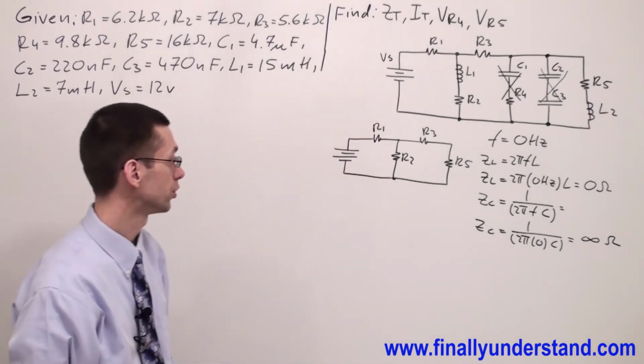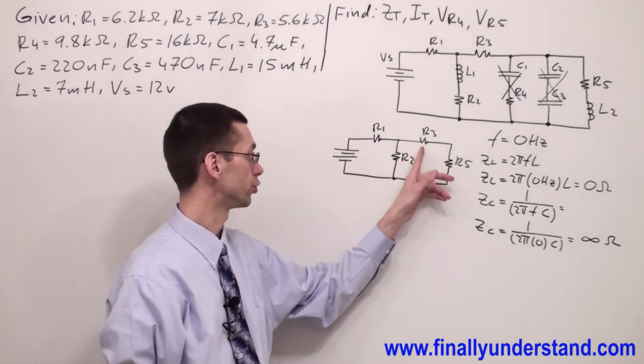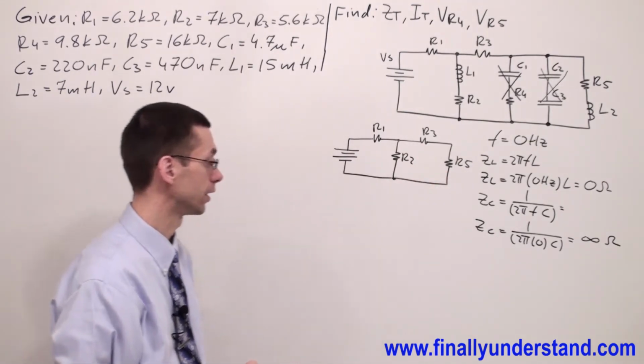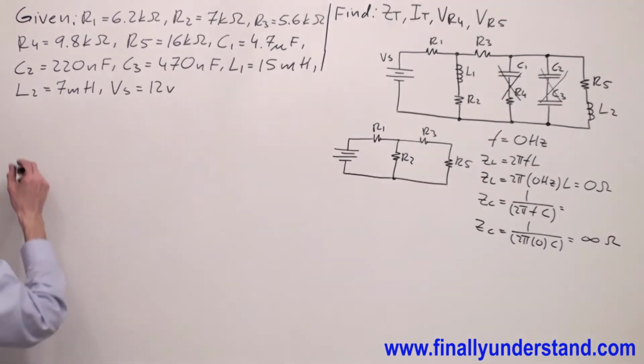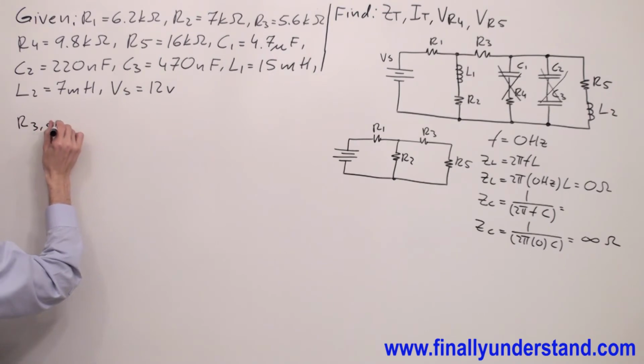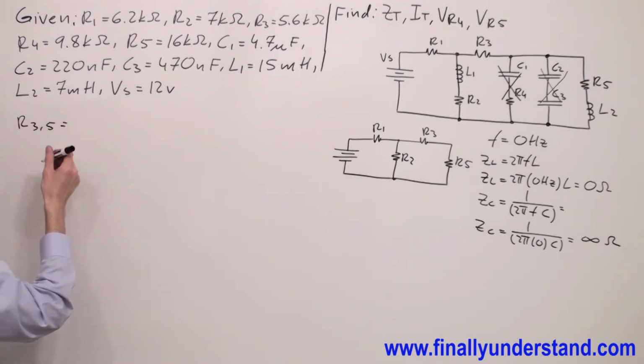And the problem is asking you to find Z total. In order to find Z total, you're supposed to realize that these two resistors, R3 and R5, are in series. So I have to find R3,5 first. Because they are in series, we're supposed to add them up.